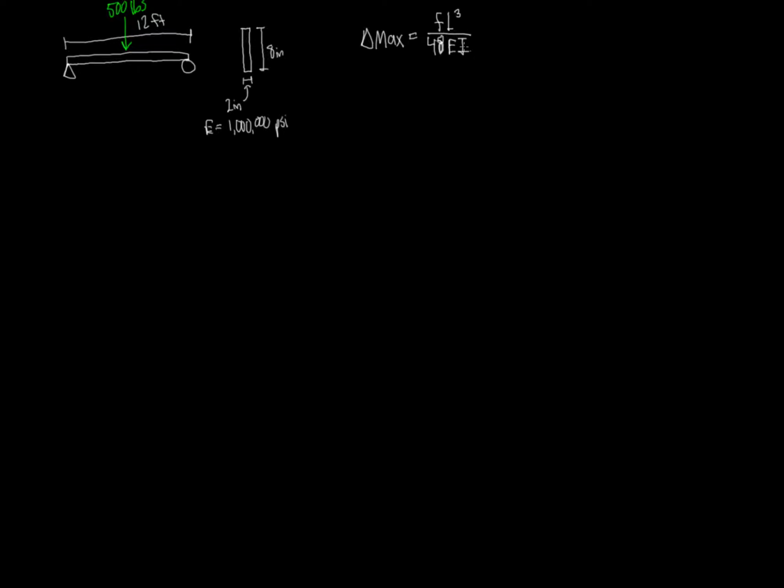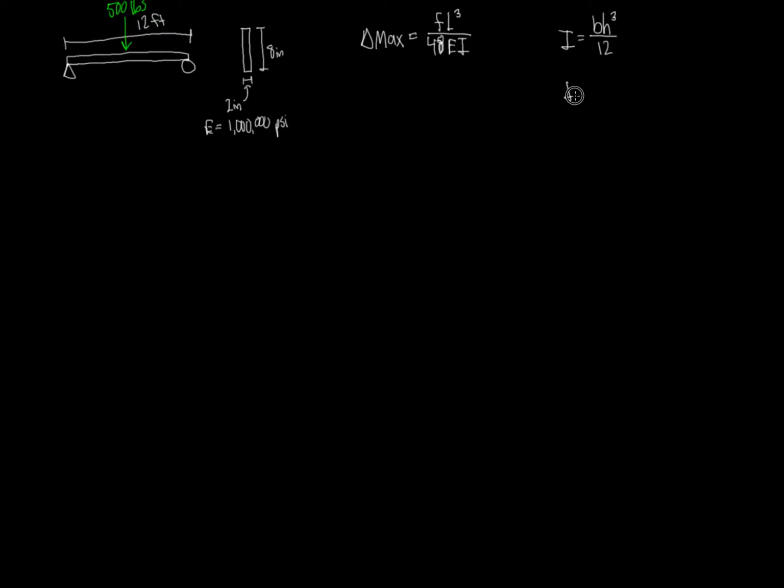Now, since they haven't given us I in this problem, we need to find it. In order to find I, it is the base times the height cubed divided by 12. So that's where we're going to start on this problem.